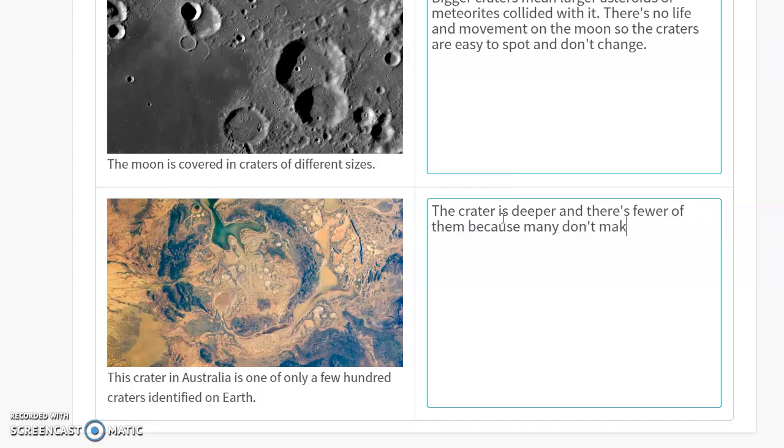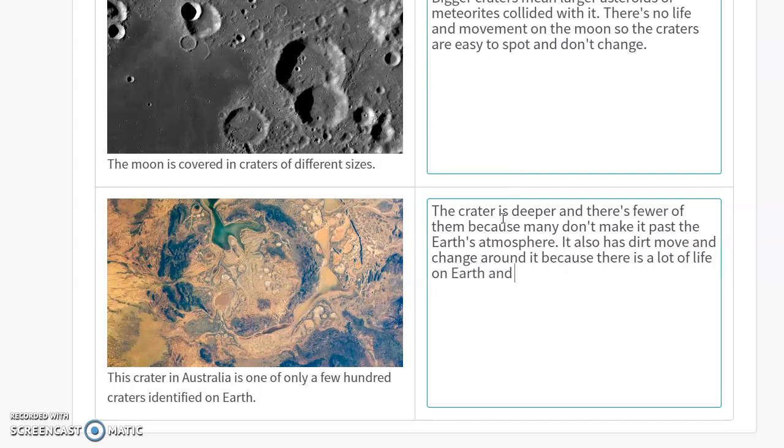Many don't make it past the Earth's atmosphere. It also has dirt move and change around it because there's a lot of life on Earth and activity.